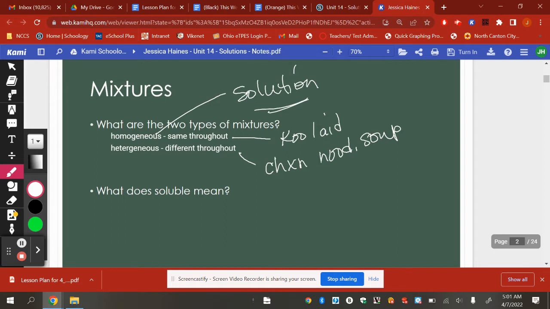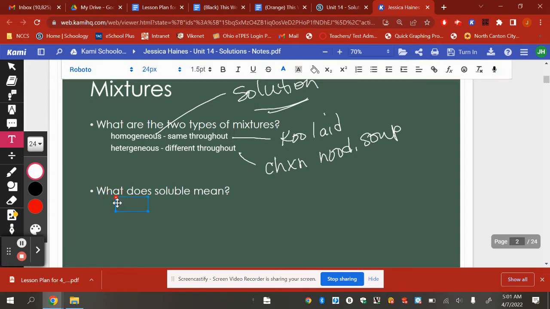Okay, so what does soluble mean? When we're talking about solutions, we're talking about things that are soluble in other things. Soluble means dissolvable, or capable of being dissolved.